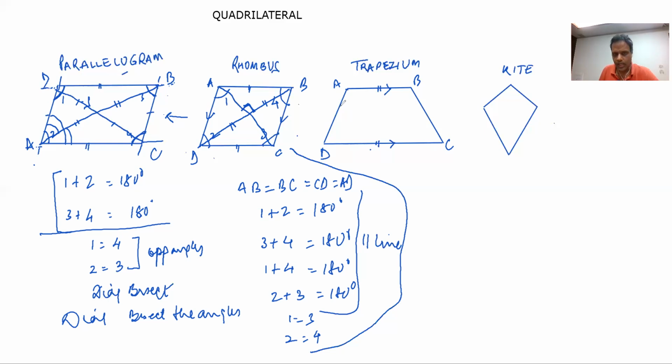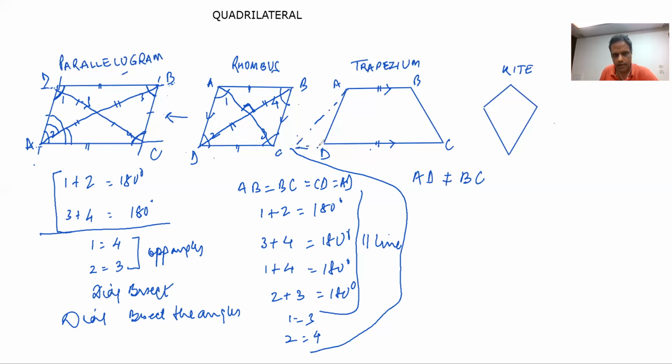Now, there can be two kinds of figures. One, where the non-parallel sides AD and BC are not equal.